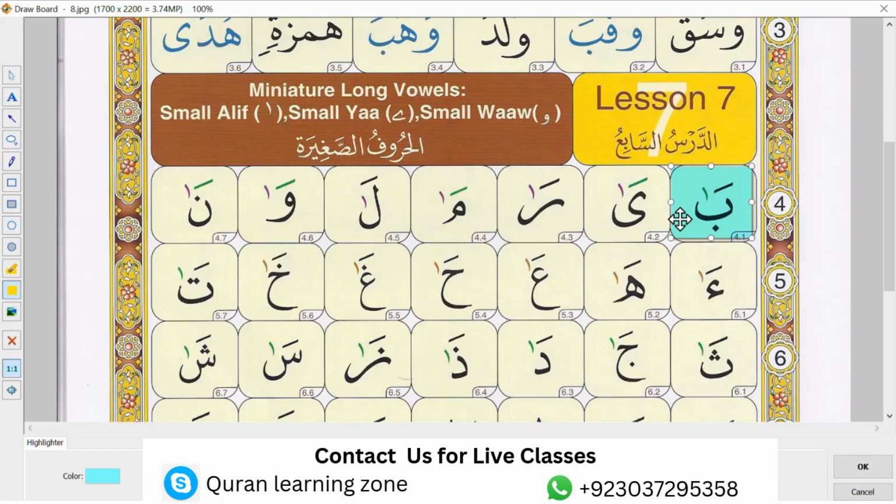Otherwise, khadi zabar length is equal to alif, khadi zir length is equal to ya, and ulta pesh length is equal to waw. But if you convert it in time, then its length is 1 second. So you make these letters longer by 1 second. That is very easy, you can do it easily.